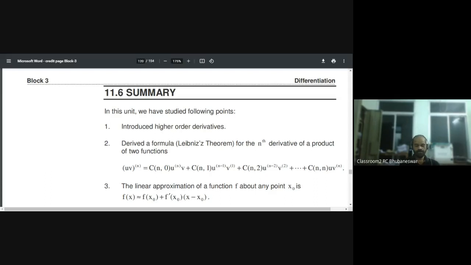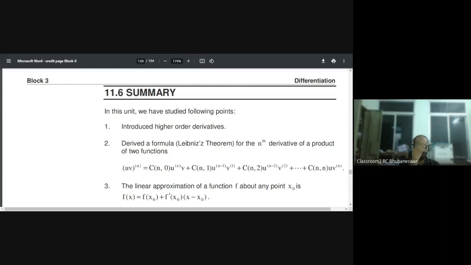The third point is dedicated to the linear approximation of a function f about any point x0. Here we are going to approximate the function in the form of a straight line, and the expression is quite simple.